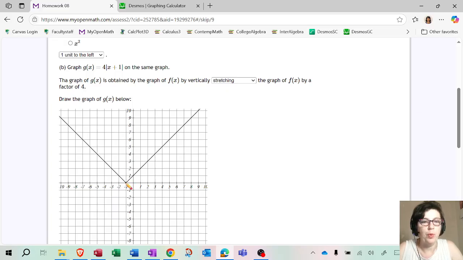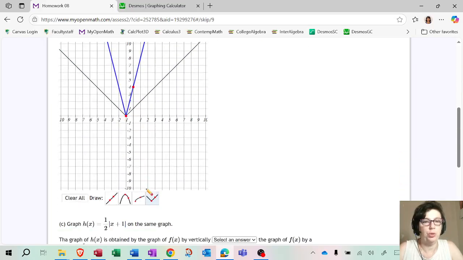Okay, so if the y value was 0, multiplied by 4 is still going to be 0. But this one right here, this is when it's 1 on the y, and you multiply it by 4, that will be 4. Okay, and the x will stay the same. So the starting point will be the same, and then we've got 1, 2, 3, 4 like that. Okay, so that should be the new graph.